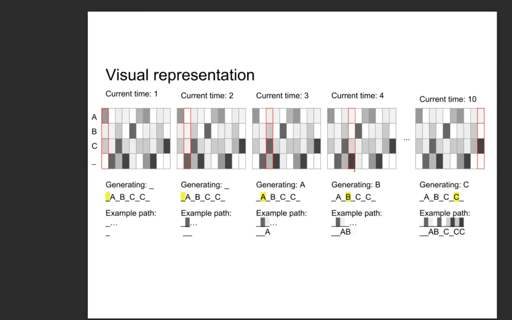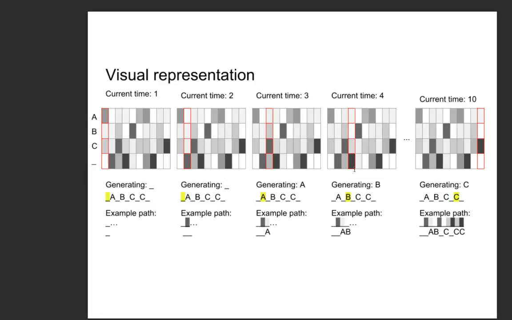We're keeping track of the probabilities of generating the necessary symbols at each point in time. I use the colors to represent probabilities because numbers won't fit inside those tiny cells. In this case, the network goes from this first blank state to that blank state, and then to A, and then skipping over the blank state to go into B, and then it goes through the two C's, and in the end ends up over there.